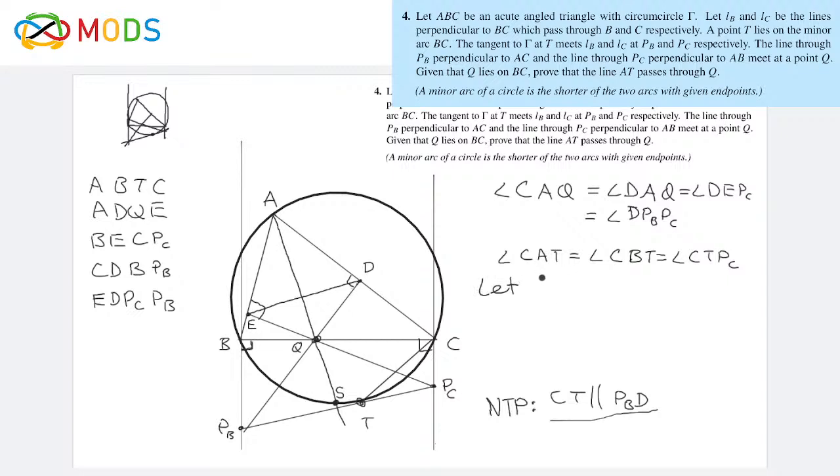Let S equal AQ intersect tau. Sorry, that's not tau, that's gamma. I always get them confused.